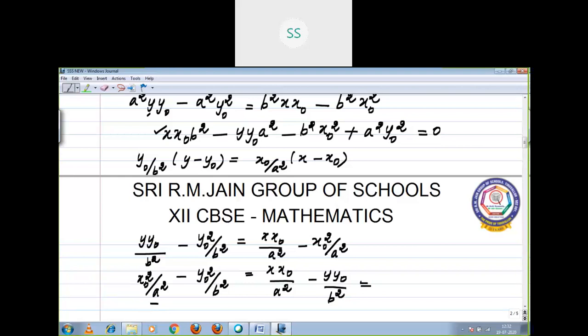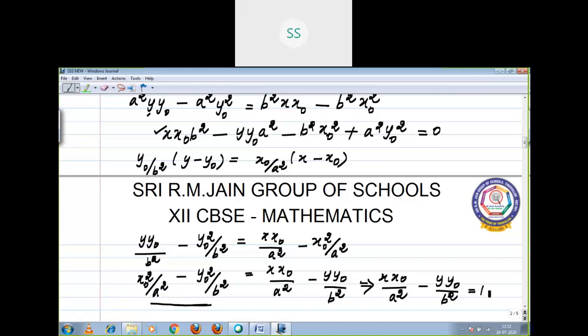The right hand side, see I underline that, it represents your 1, because x square by a square minus y square by b square equal to 1 is given in your question, right? Which implies x naught by a square minus y naught by b square equal to 1.